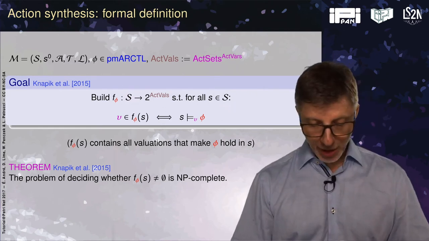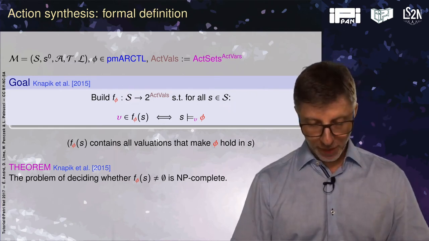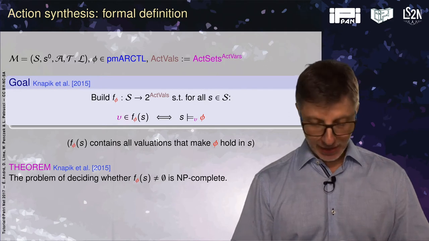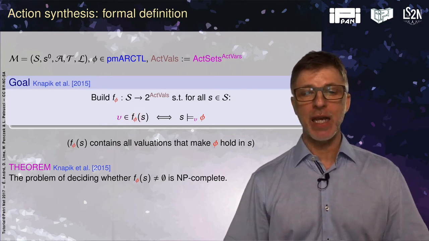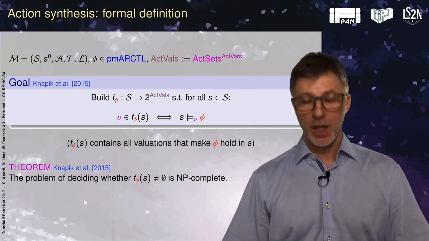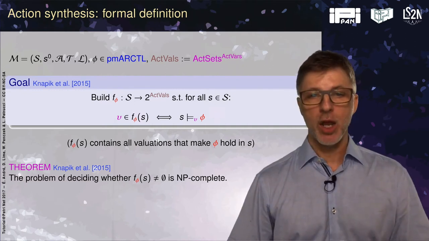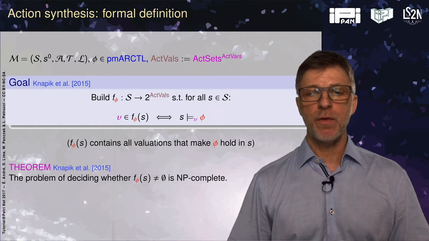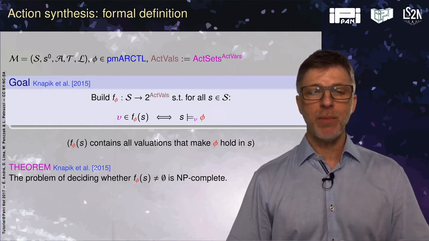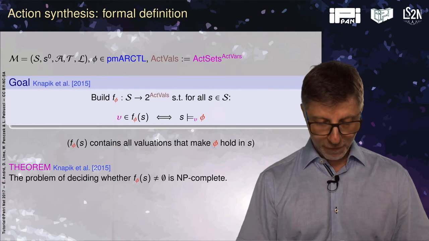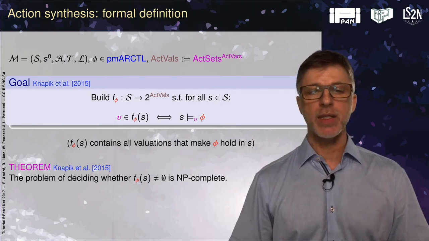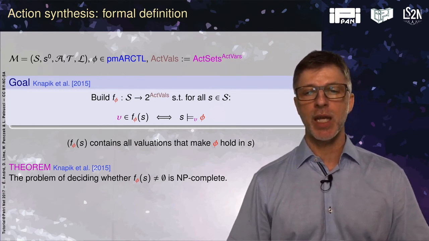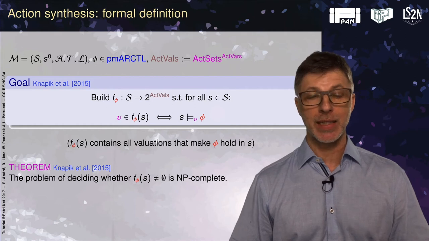V is an element of F with an index phi of S if and only if the formula phi holds in S under the valuation V. That in fact means that F phi of S contains all valuations that make phi hold in S.